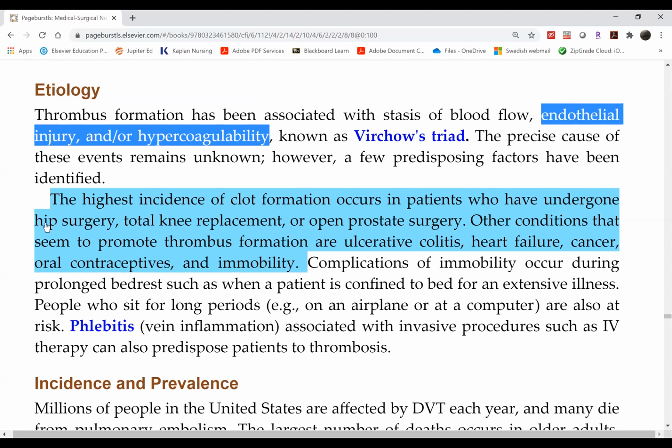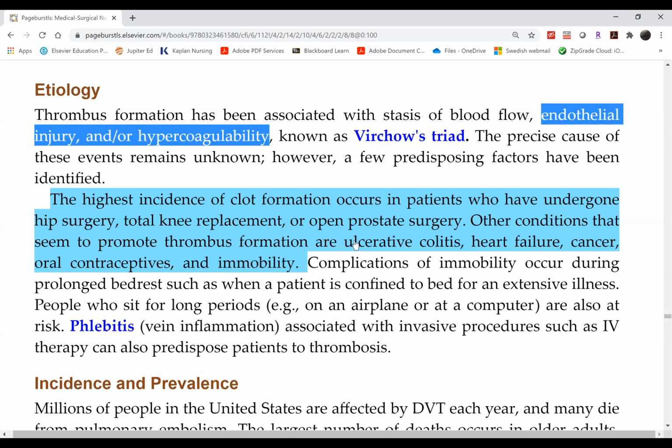Highest especially are joint surgeries, hip surgeries, knee surgeries, because not only do we have decreased mobility there, but also not only clots can form, they can also throw fat emboli. If the cause of this hip surgery wasn't elective, let's say the patient suffered a fracture, for instance, then that would be on top of a clot, they may have a fat embolus as well.